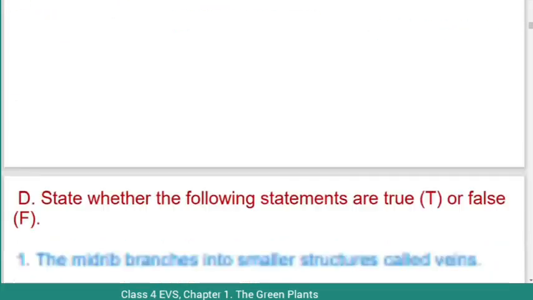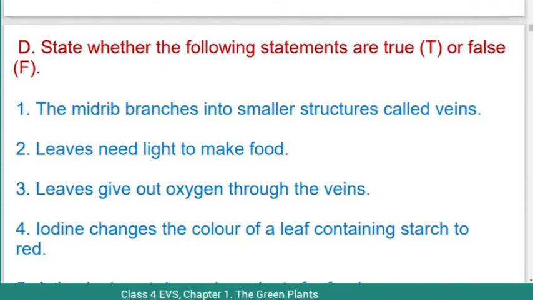Now section D, that is state whether the following statements are true or false. First one, the midrib branches into smaller structures called veins. It is true because midrib branches into smaller structures called veins.